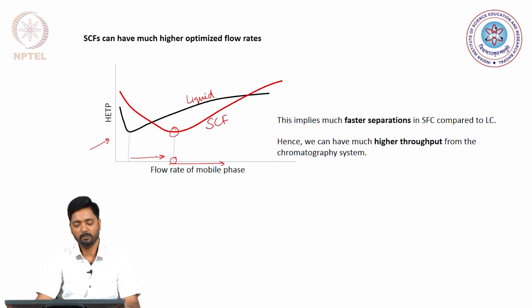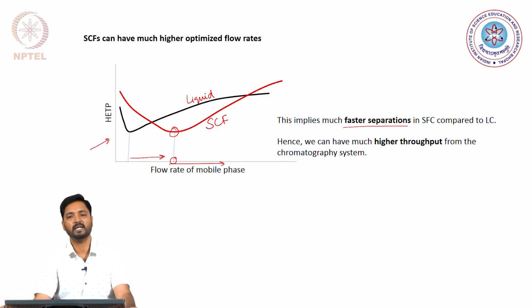So, compared to liquid chromatography, supercritical fluid chromatography can have much higher optimized flow rates, and this implies that the separations that we undertake in supercritical fluid chromatography can be undertaken much faster because of the high flow rates that result in the lowest height equivalent of the theoretical plate values.